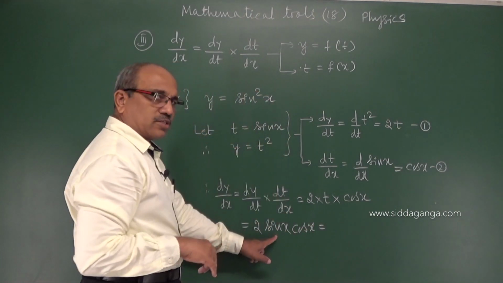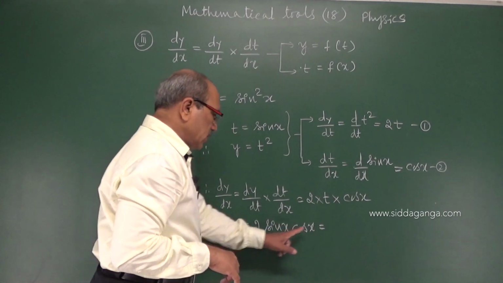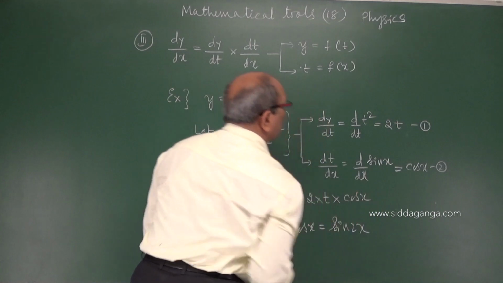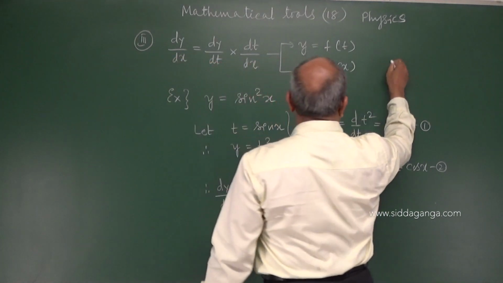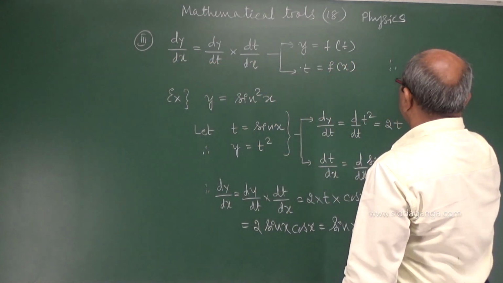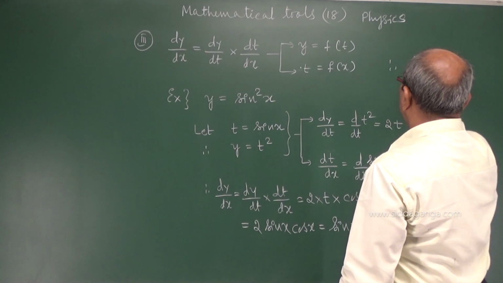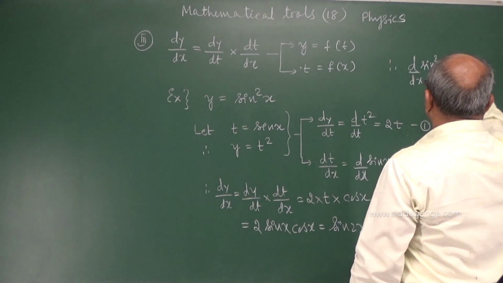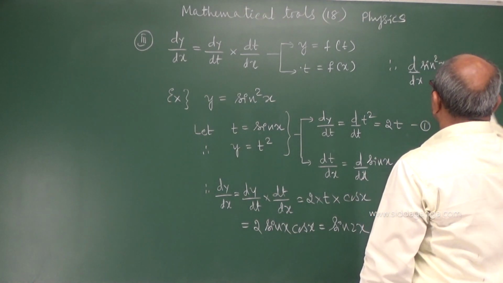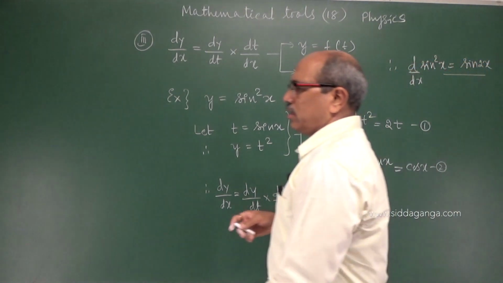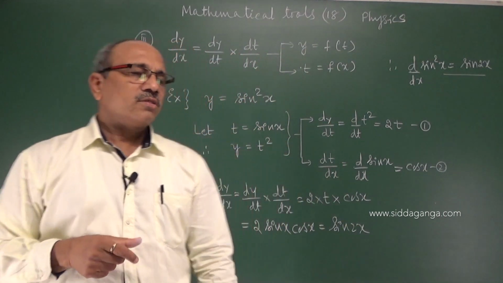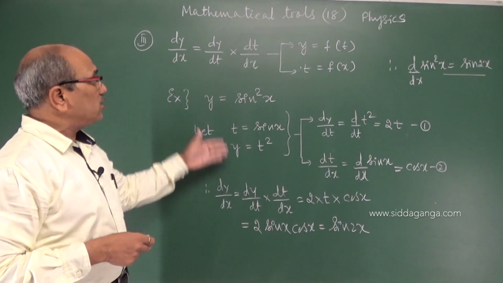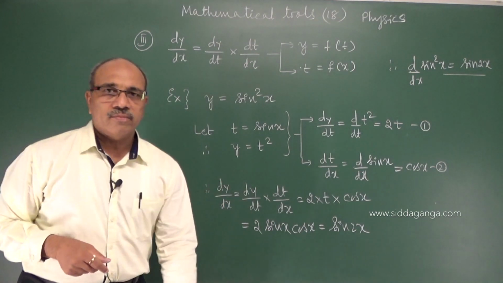And in trigonometry, 2 sin x cos x is sin 2x. Hence the differentiation of sin square x with respect to x is sin 2x. This trigonometric function shows how the chain rule operates here.